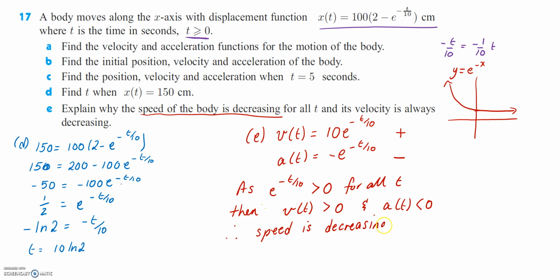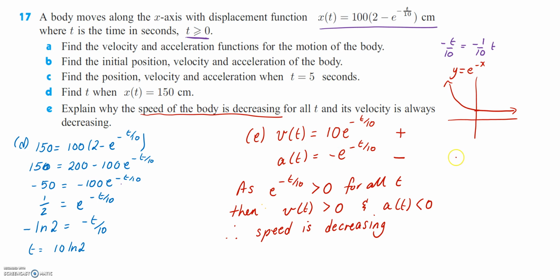What about for the velocity? When is the velocity decreasing? Again, know what each of your things represent. And we know that when the acceleration is negative, that's when your velocity is decreasing. So that comes back to here again.